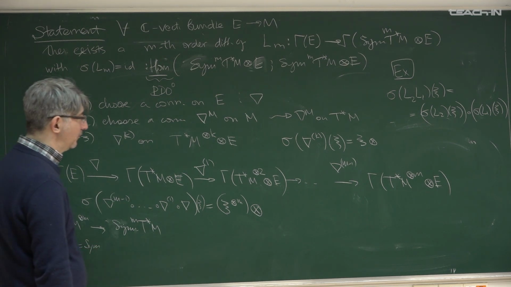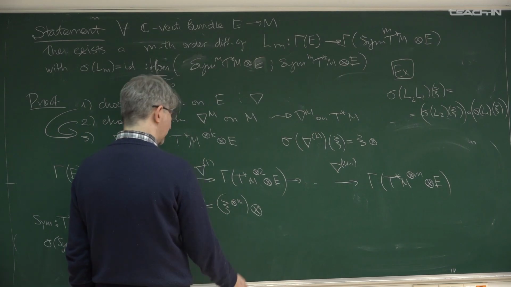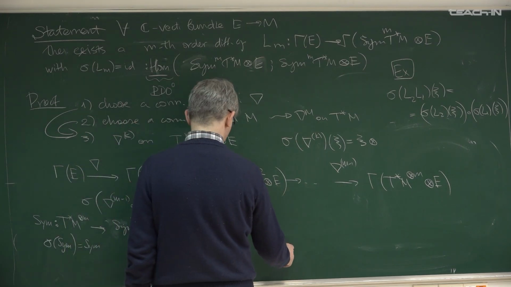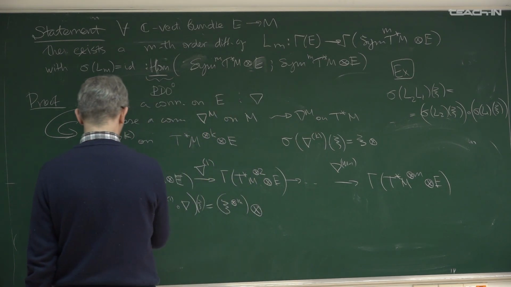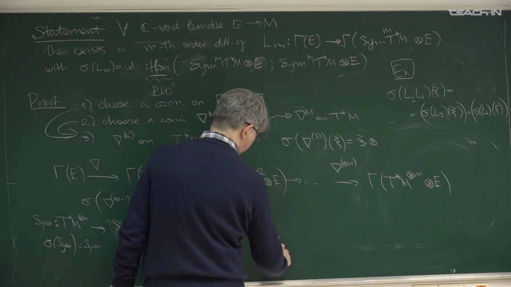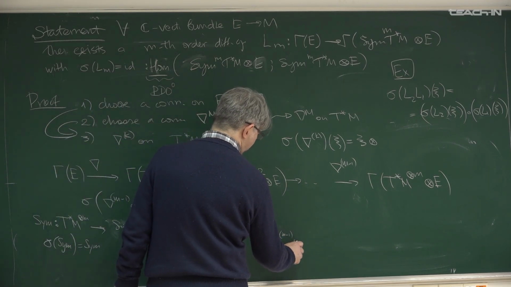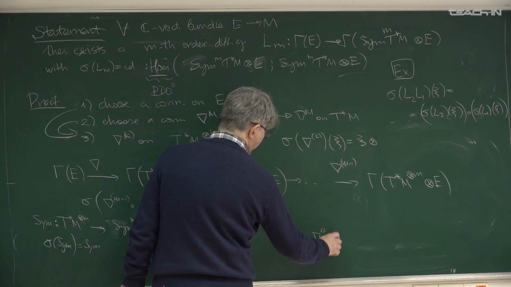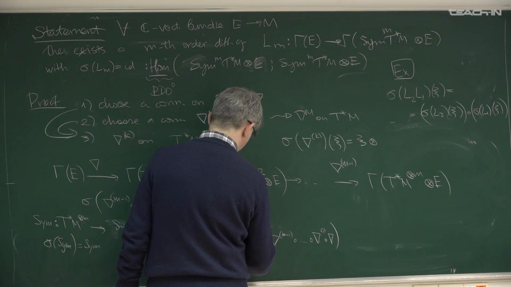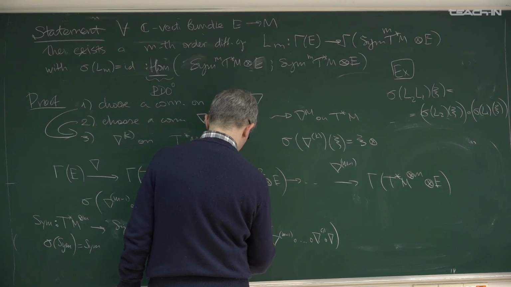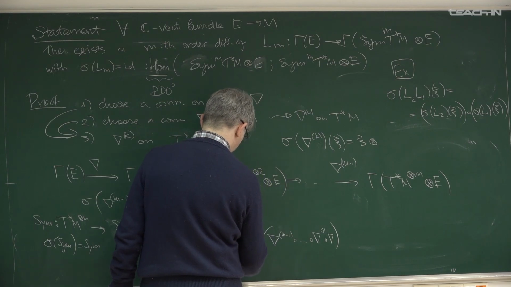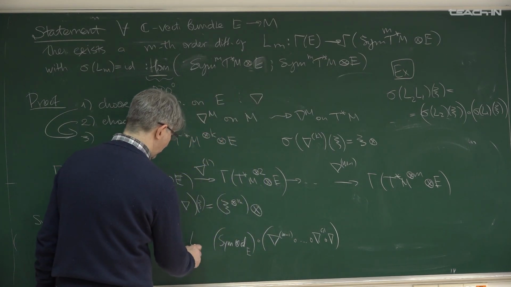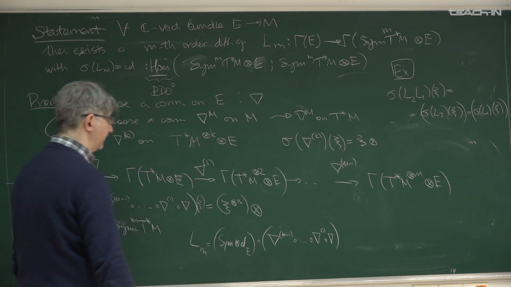So now you do the following. You consider composition of two operators. So you take this guy, and after that you apply symmetrization tensor product with identity on E. This is the formula for our operator Lm.